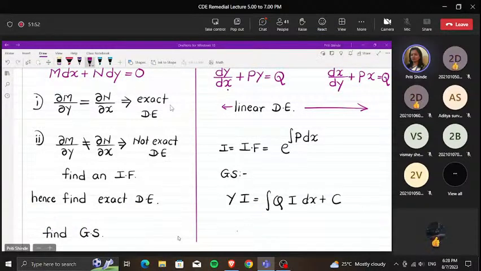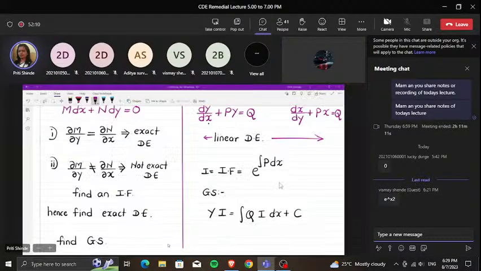No need to cover the whole unit. Just revise exact, non-exact, first four rules only. No need to solve examples using rule number 5. First four rules: homogeneous, second type, rule number 3 and rule number 4, and for linear, linear in x or linear in y only.